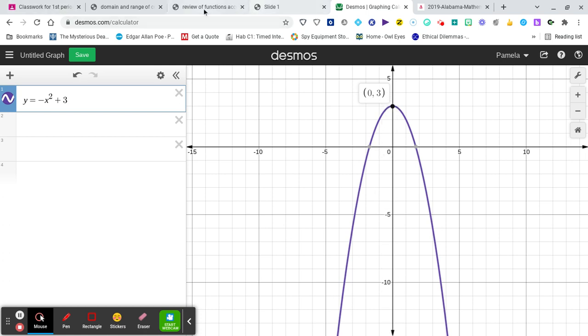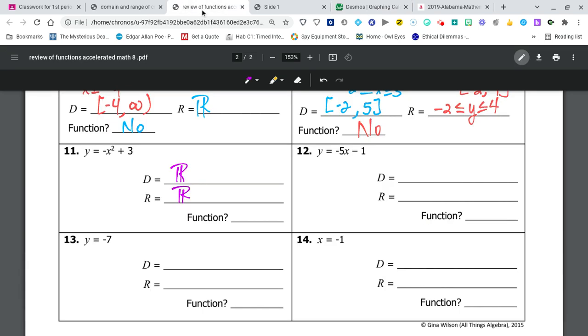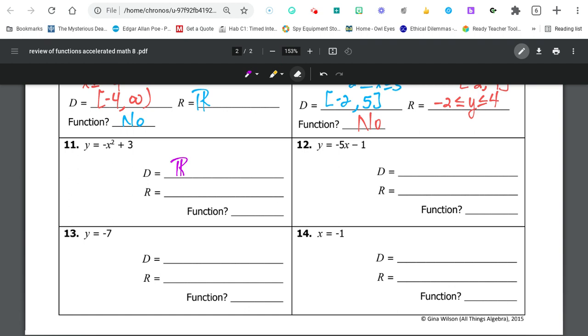So your range will be anything from negative infinity to positive 3. Is that a function? Yes, it was a function.